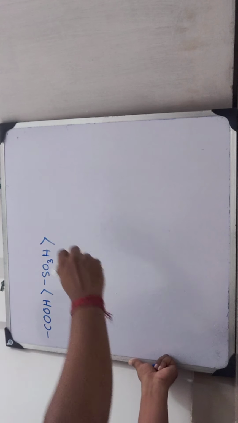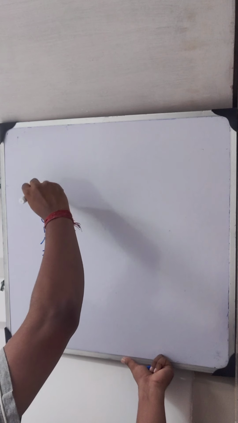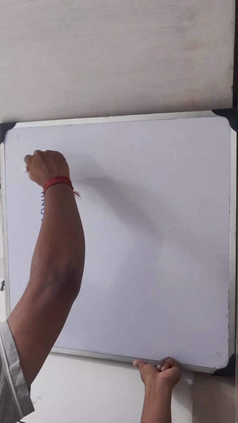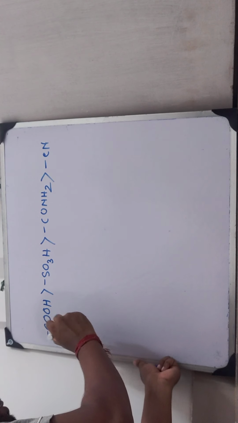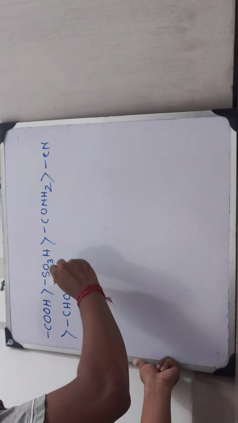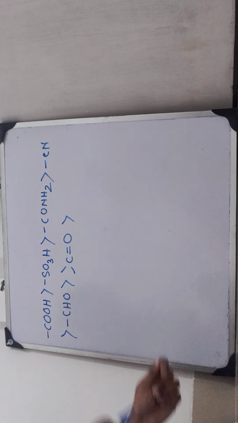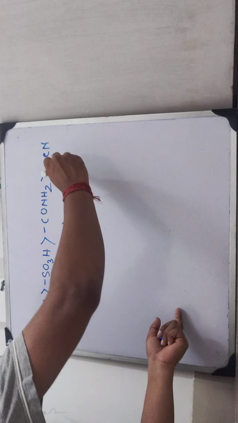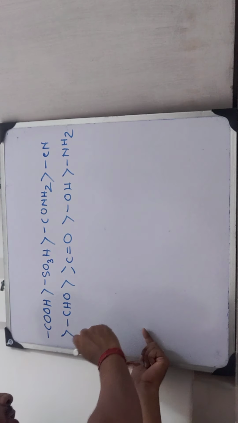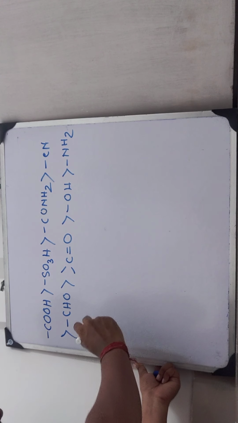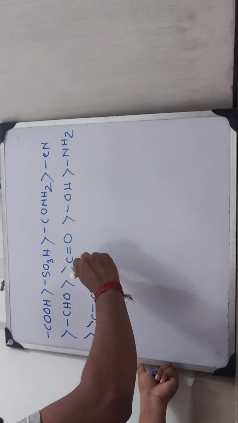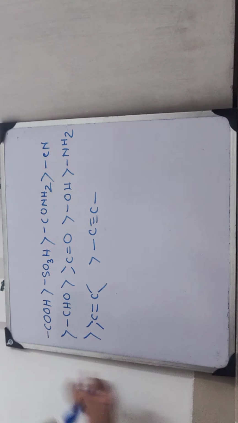Then comes SO3H, then CONH2, then CN, then CHO, then C double bond O, then OH, then NH2, then alkene, and then alkyne. Okay, this is the order.